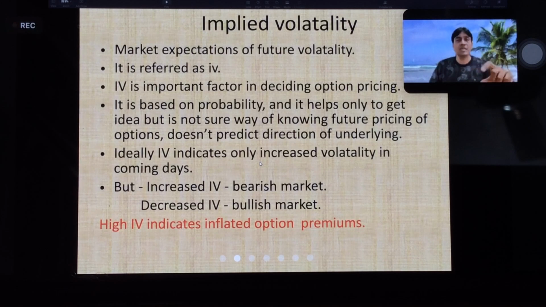Ideally, it increases only if volatility is going to increase in coming days, high IV. But routinely, when we say IV is very high, then it's a bearish market, and when IV decreases, it's a bullish market.